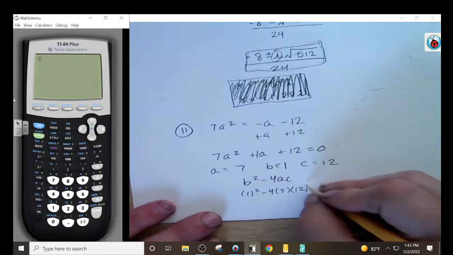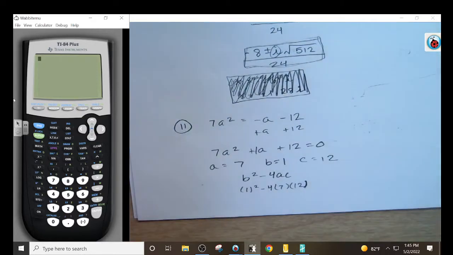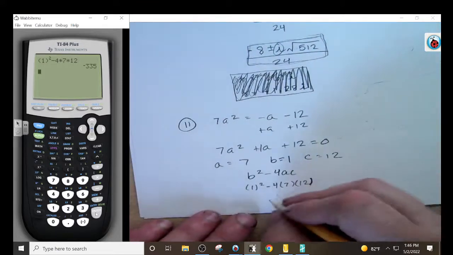It's going to be another imaginary solution. Doing my discriminant, it's negative 335.